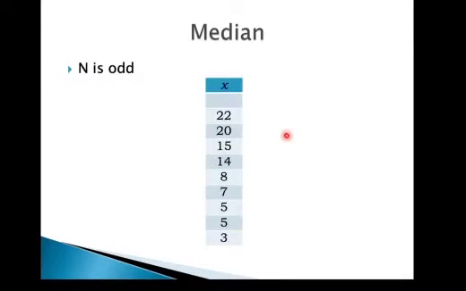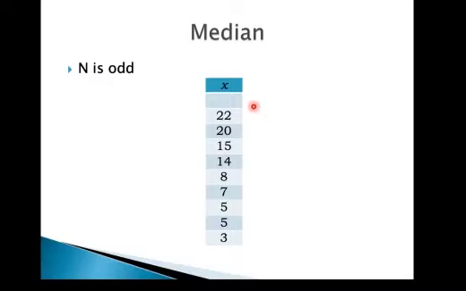So again, we show to you these numbers that we showed to you a while ago, where n is odd. These are 9 numbers. When we go to the formula for the location of the median, 9 plus 1 is 10, divided by 2 is 5, and the median is at the 5th position, whether you're coming from the top or from the bottom.